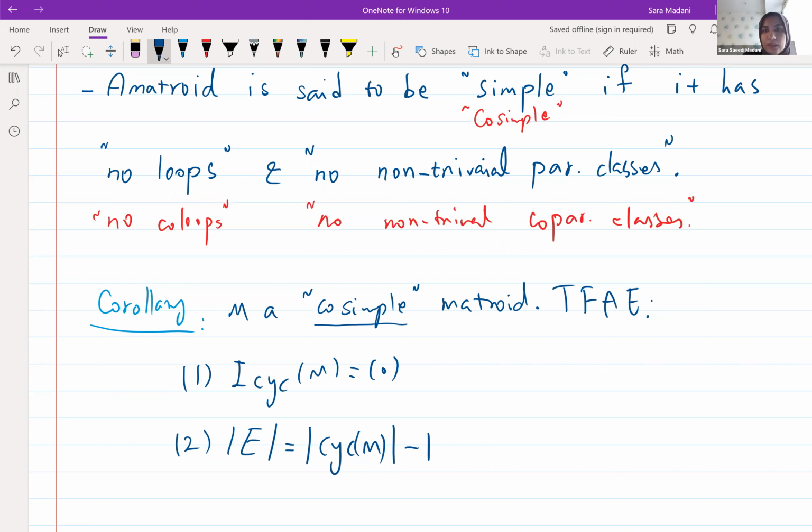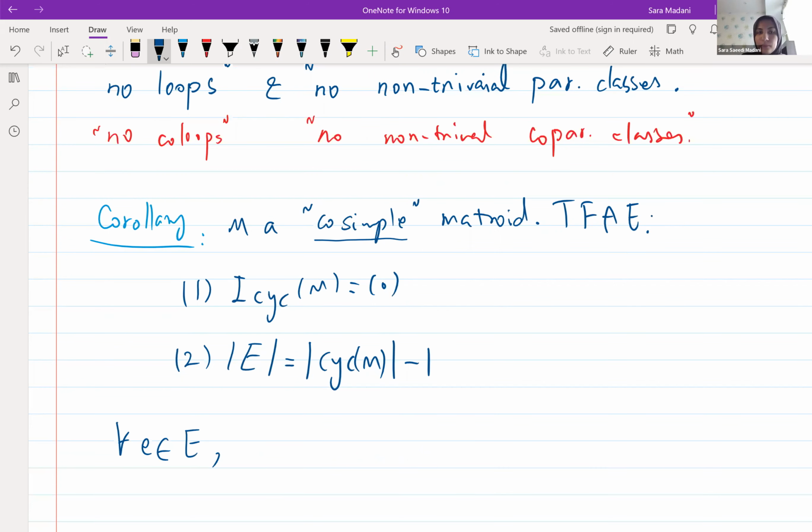So it means that for any element of the matroid, this set is not a loop, because of the definition of co-simpleness. Then maybe write a co-loop, really.